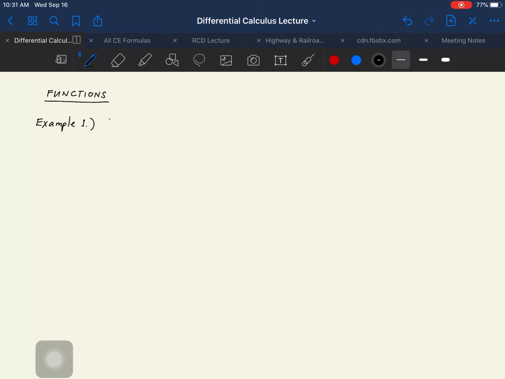It says there, if f of x is equal to x squared minus x plus 3, find the value of f of 0, f of 2, f of negative 4, and f of negative 2x.